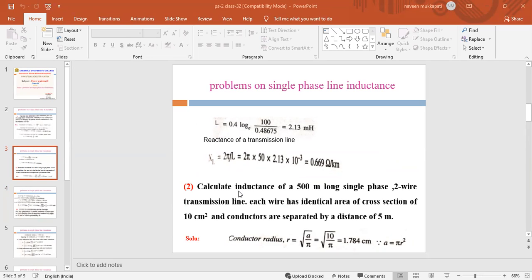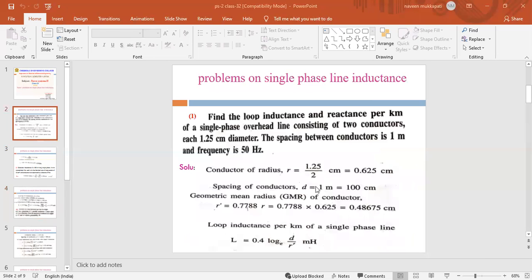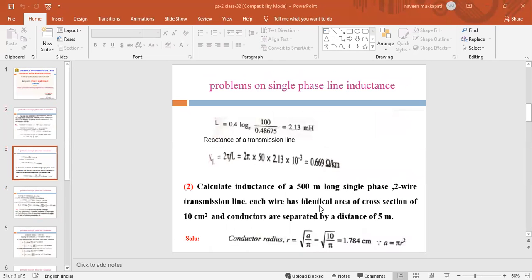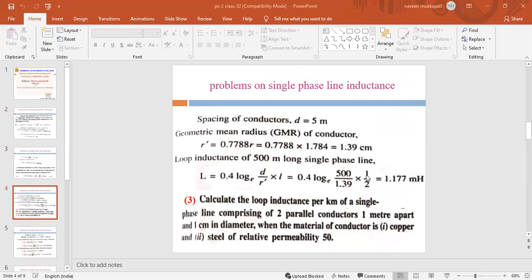Normally we calculate the inductance per kilometer. Per kilometer means 1000, and 1000 by 500 is equal to 2, so we mention the 1 by 2 value. We observe in this problem also, calculate the loop inductance per kilometer. Per kilometer means 1000.